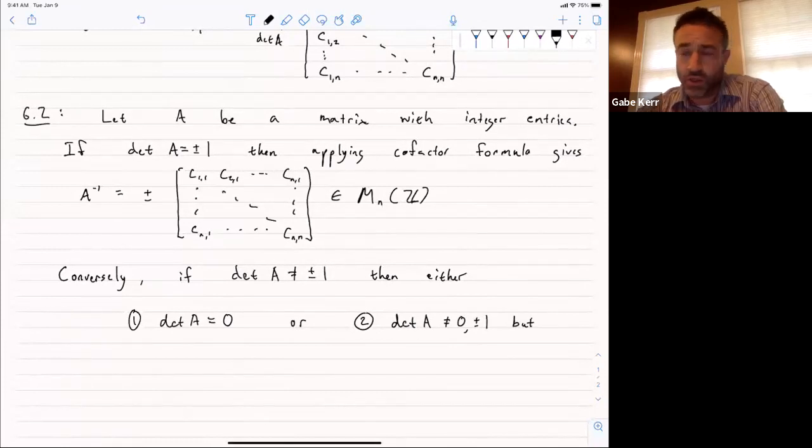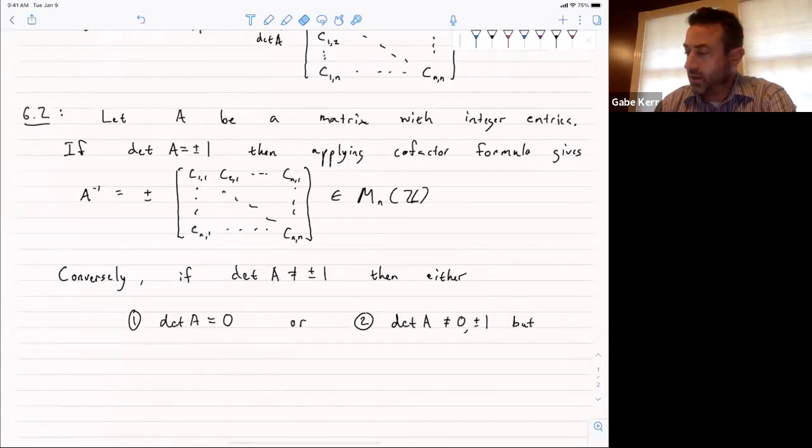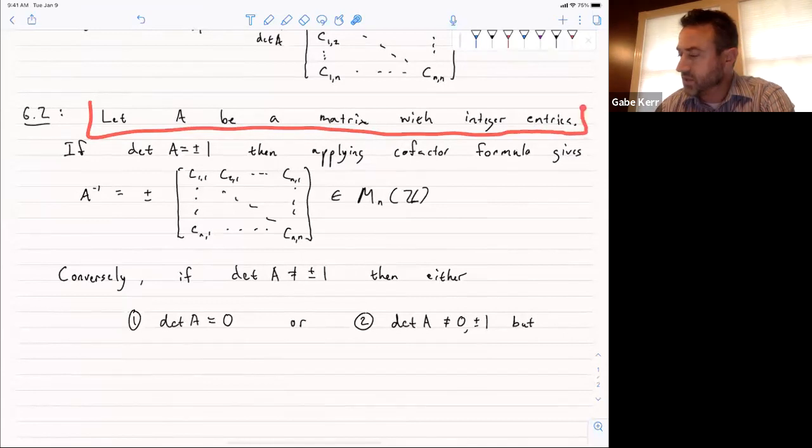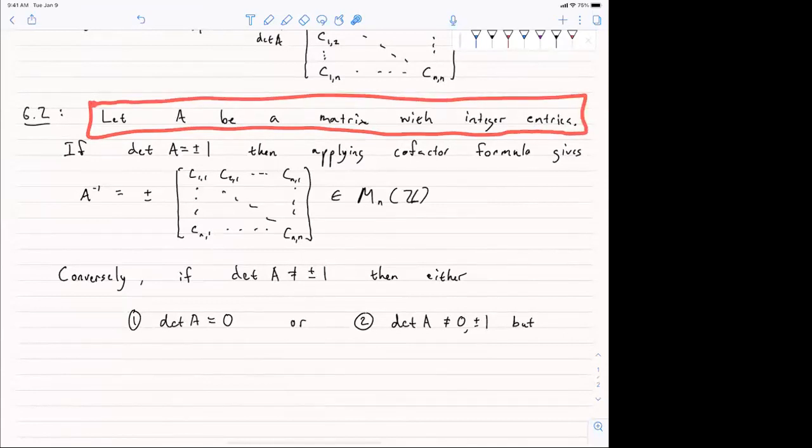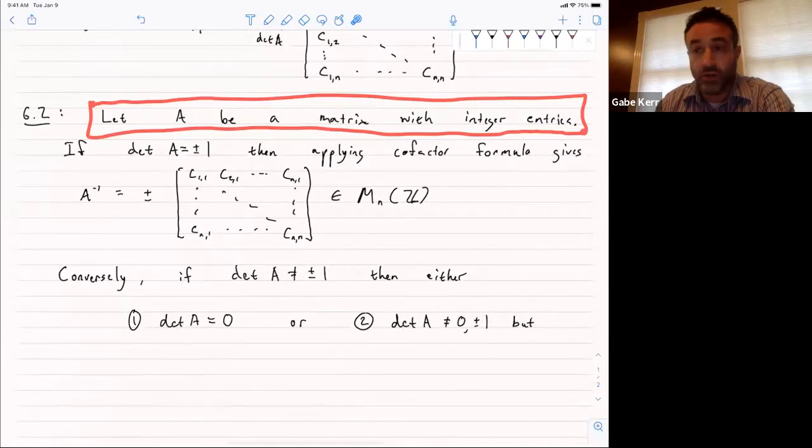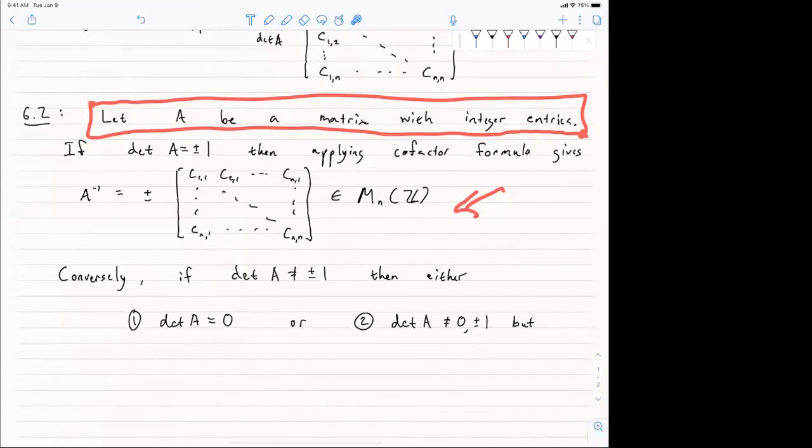Are you sure? Remember, what did we start with? A is a matrix with integer entries. So what do I know about its determinant for sure that we just used here? That it's going to be plus or minus 1?